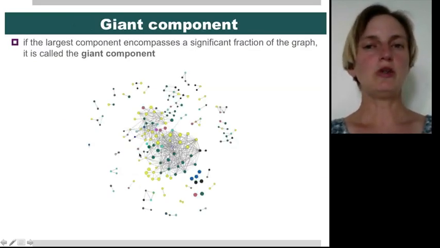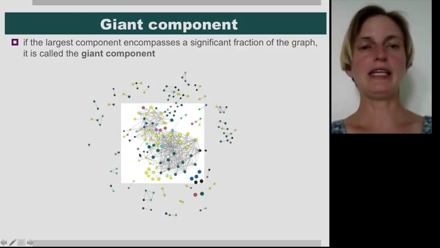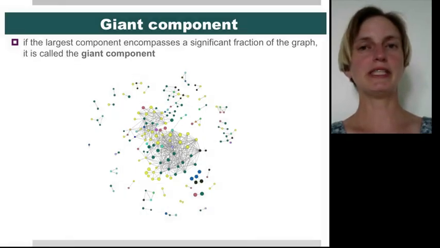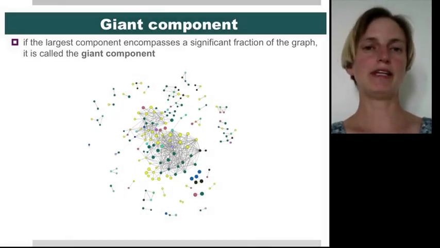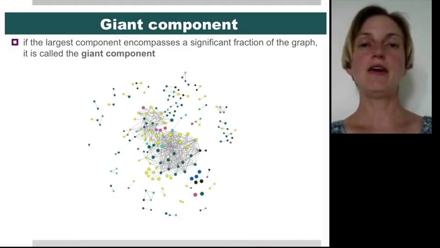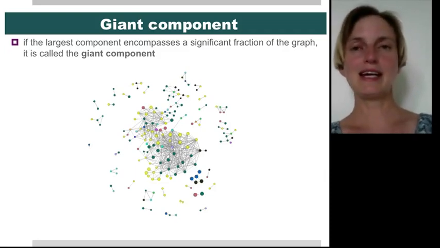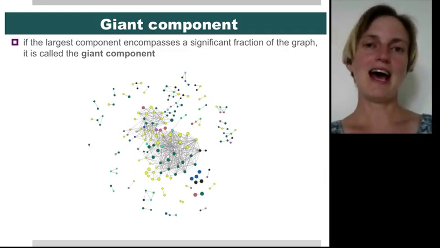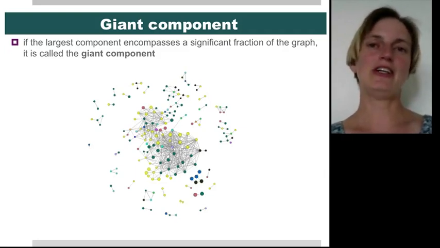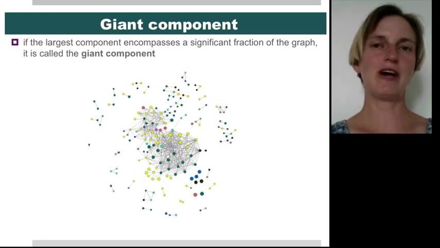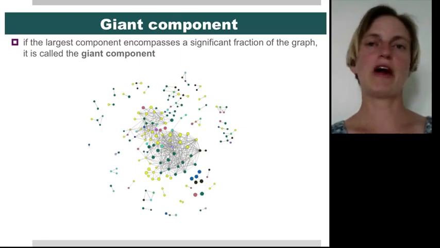There is also the notion of a giant component, and it is the largest component, and if it encompasses a significant portion of the graph, it can be called a giant component. Now, this significant portion of the graph doesn't actually have to be the majority. Technically, the definition is that as the network gets infinitely large, the giant component is still going to occupy a finite fraction of it.